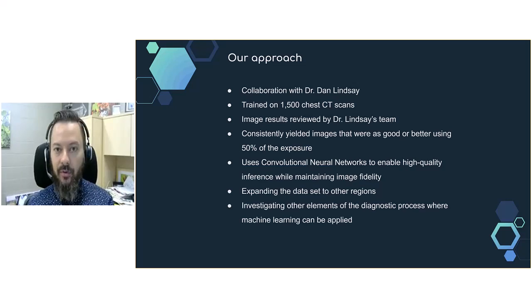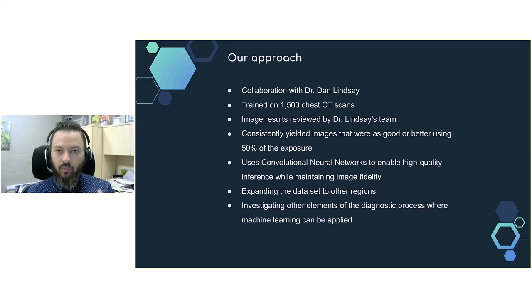And of course, what's unique in the AI approach is that those kernels are not hand tuned, they're not hand designed. They learn to detect what is unique and what varies in a collection of images.